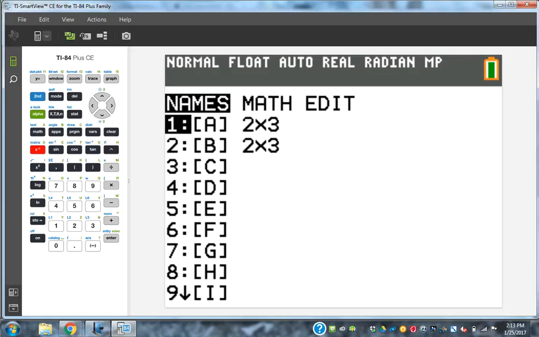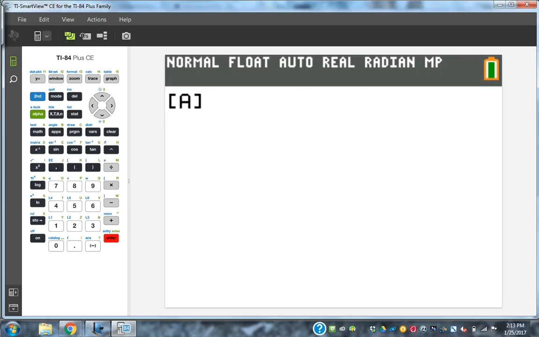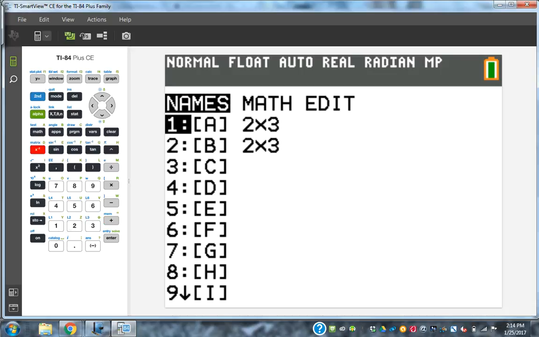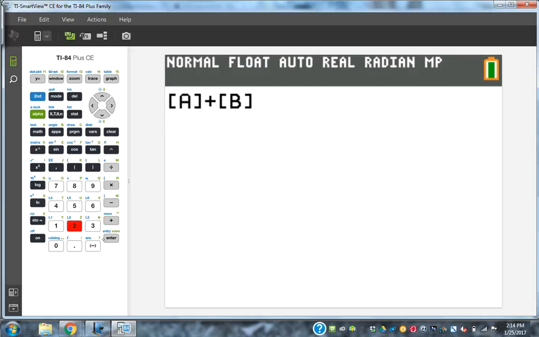You don't edit on this. When you edit over in the edit menu, you're just picking them up to use in your problem. So I'm going to hit A, and hit enter. And then I'm going to use my operation symbol. I'm adding, so I'm going to hit plus, and then I'm going to pick up matrix B. Second, matrix B. When I hit enter, it's going to give me my answer.